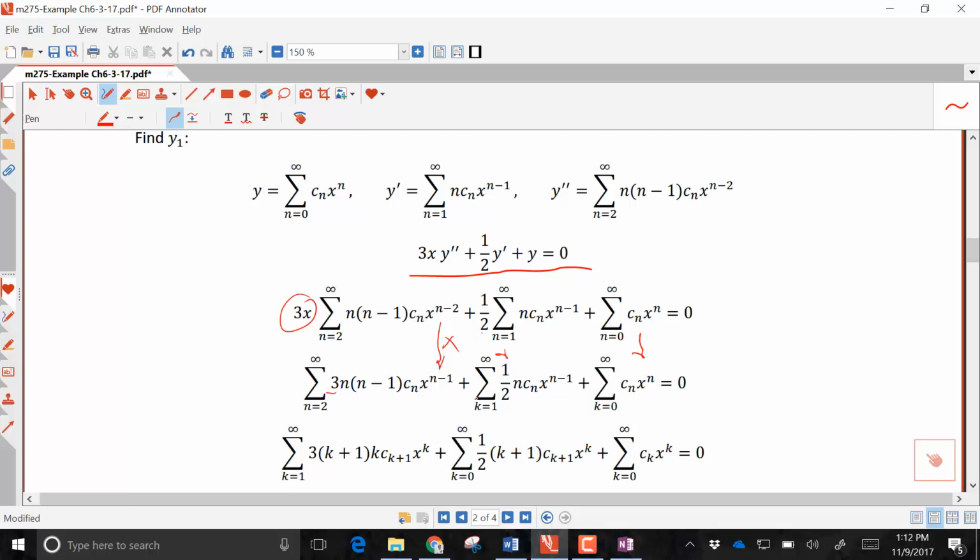So from here, what do we have? We have n minus 1, n minus 1, and n. So we want them to be all the same. So let's leave this one alone and change everything to make it look like x to the n, or x to the k. So what we did here was we're going to let k equal n minus 1.